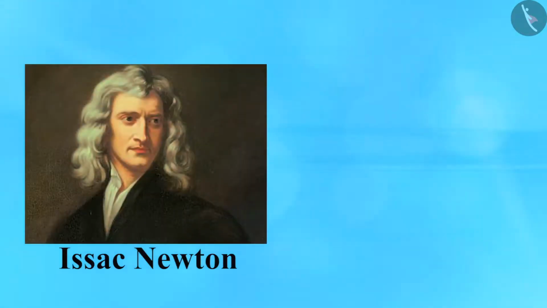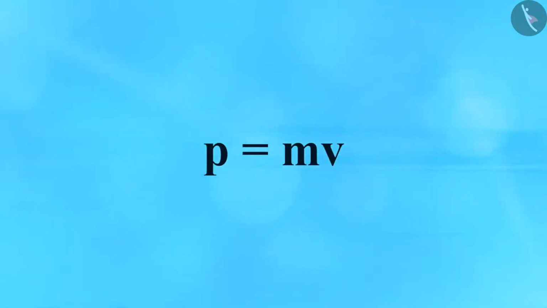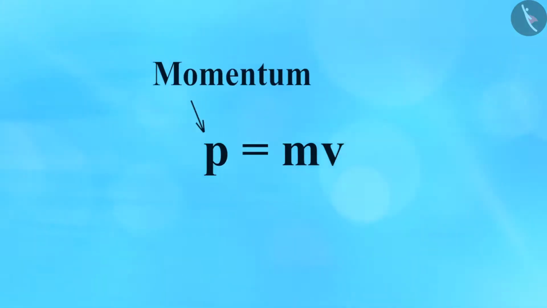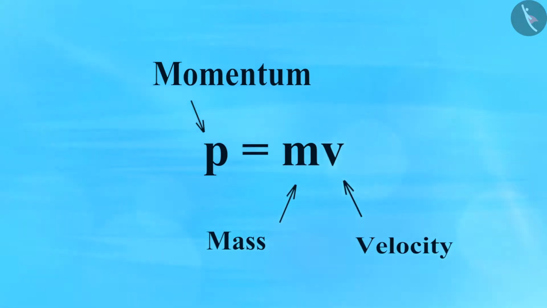Sir Isaac Newton introduced one such quantity called momentum. Mathematically, the momentum p of an object is defined as the product of its mass m and velocity v.